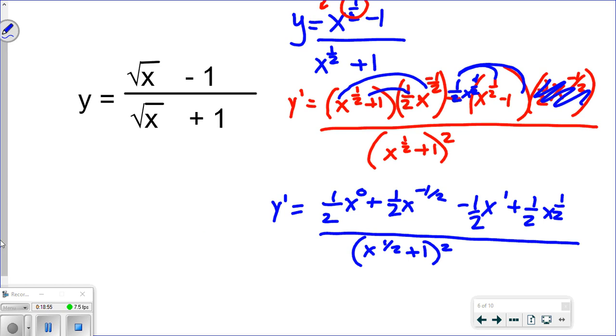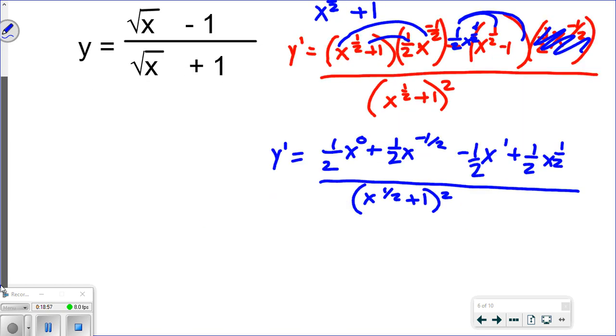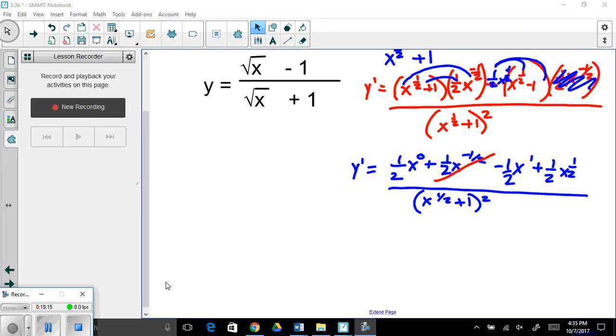So if we look at this, technically, the positive 1/2 x to the negative 1/2, hold on a second. Okay, so let's look back here for just a second.